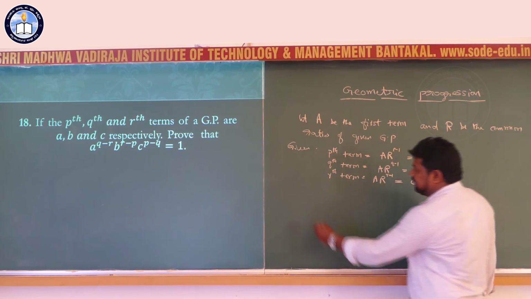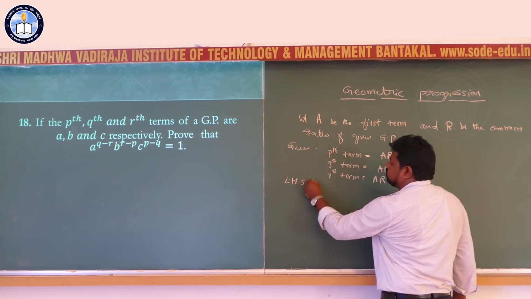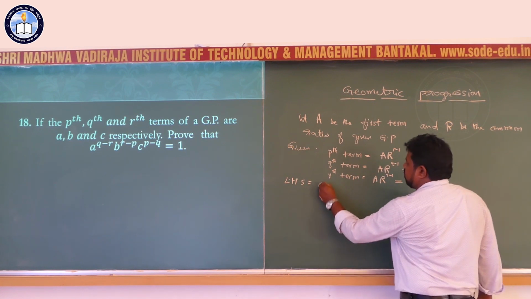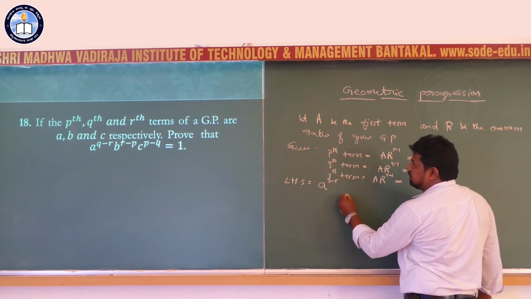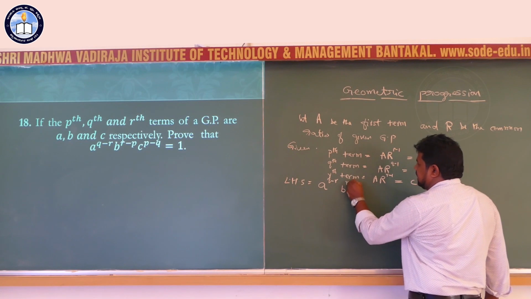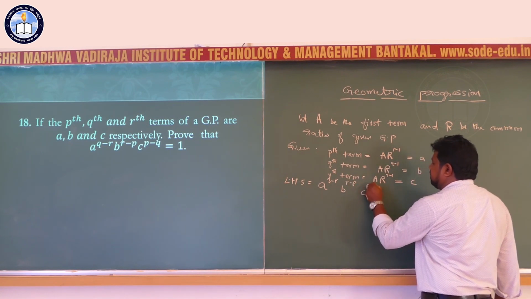I take the left hand side, LHS equals a power q minus r, b power r minus p, c power p minus q.